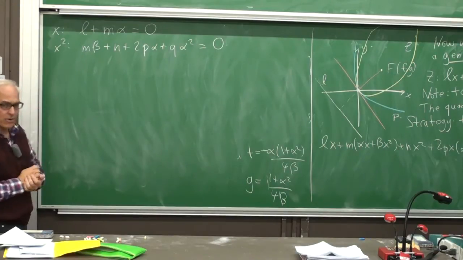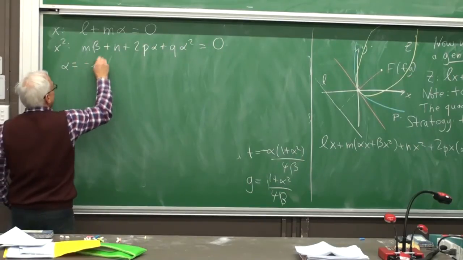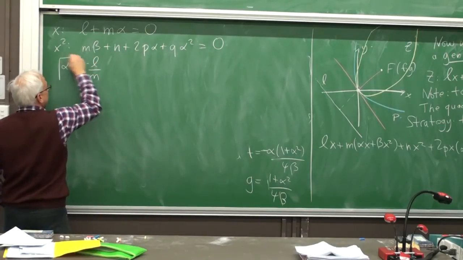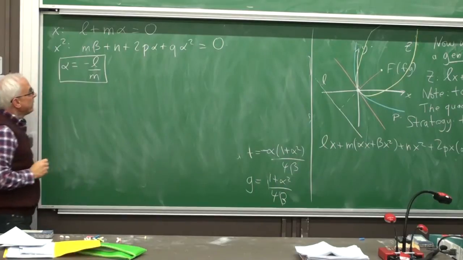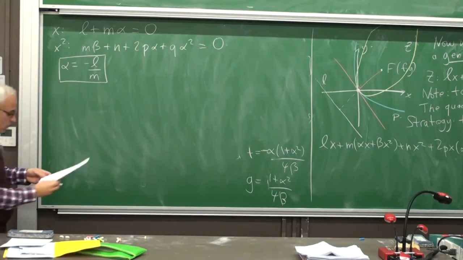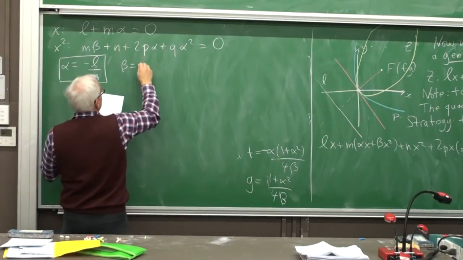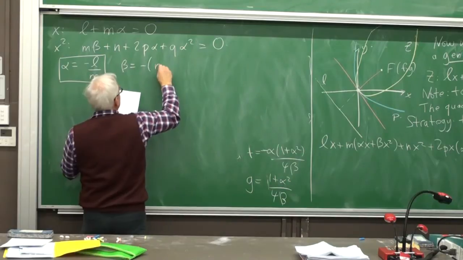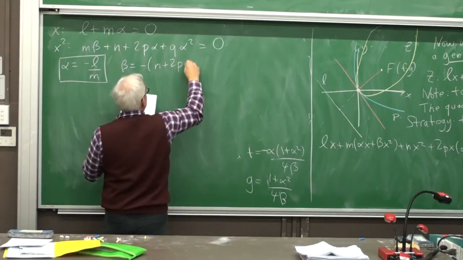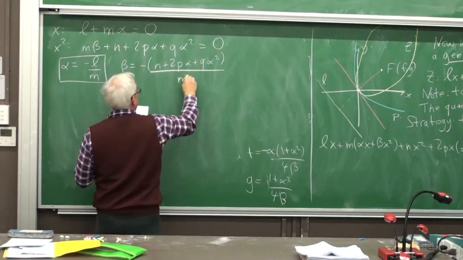And now we can write down what alpha and beta are. So the first equation tells us that alpha equals minus L over m. That's good. And let's see, the second equation tells us that beta equals, well, minus n plus 2p alpha plus q alpha squared, all over the coefficient m.